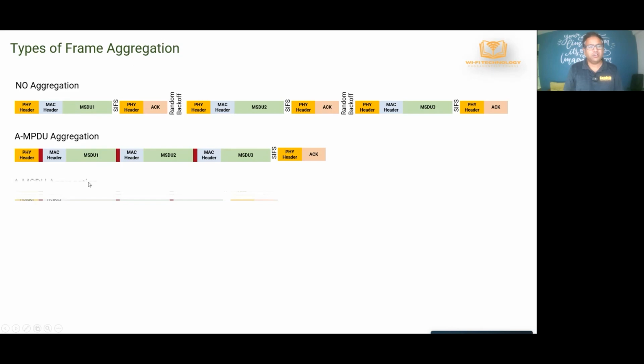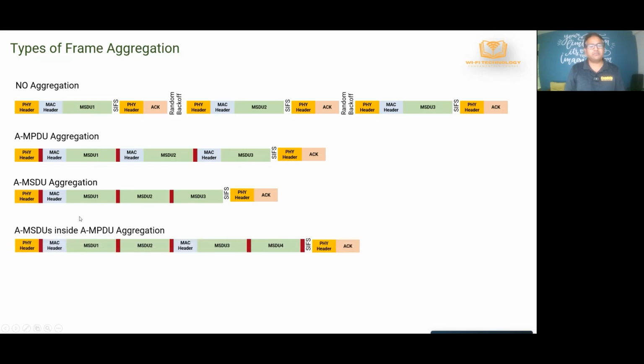But if you're looking at AMSDU aggregation, you're removing these extra MAC headers also, and you're clubbing these data frames together. You're only having one MAC header, and then one physical layer header, and it's even more efficient. And then the last method is where you can combine both, where you're doing AMSDU inside AMPDUs. So this has a little bit more protection.